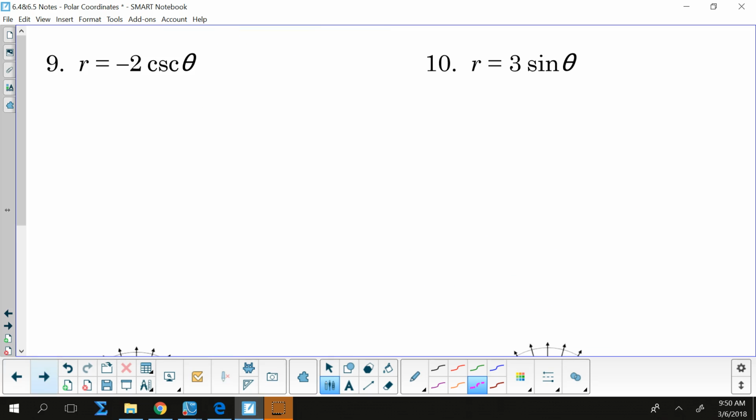Do number 9, please. Negative 2 cosecant of theta. Do I like it as written? r equals negative 2 cosecant of theta. No, how could I rewrite it? Since you know that cosecant is 1 over sine, now what?